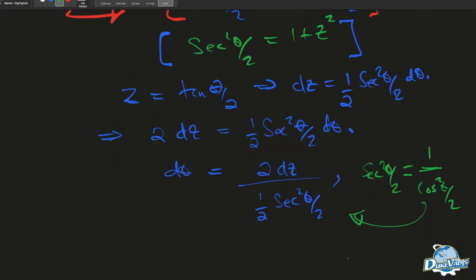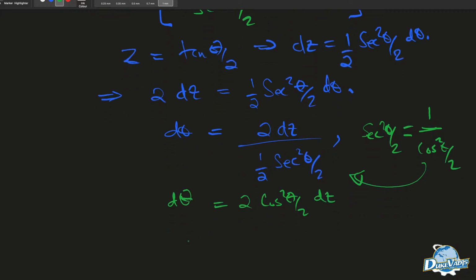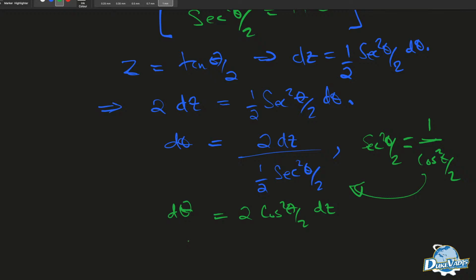Then our expression will be 2 cos squared theta over 2 dz to be equal to d theta. So we can substitute this into our expression, and when we do that, we are going to get our expression to be the integral.